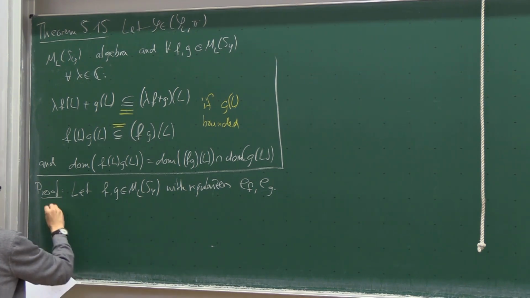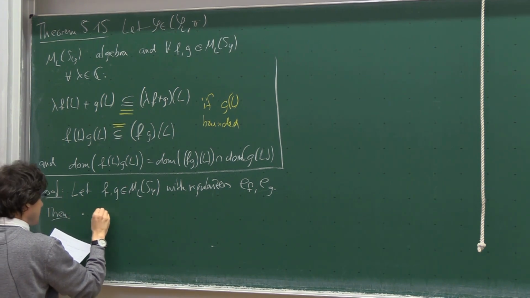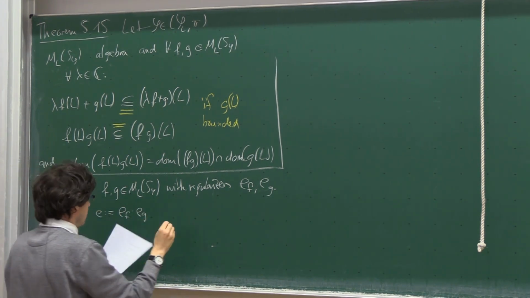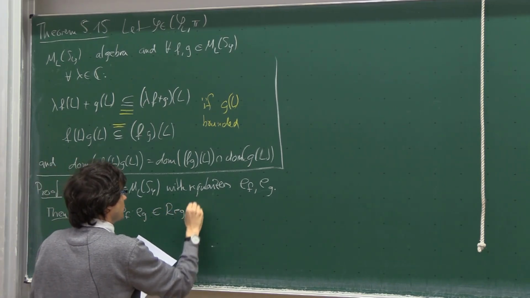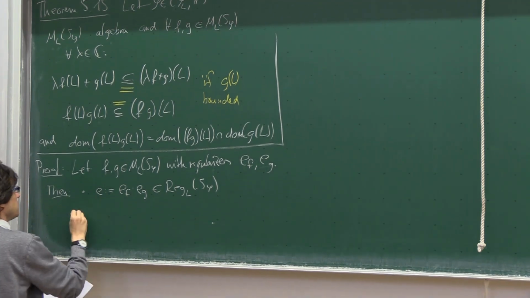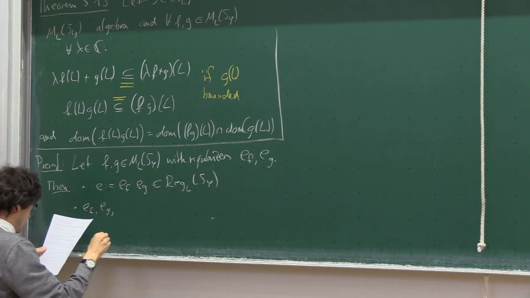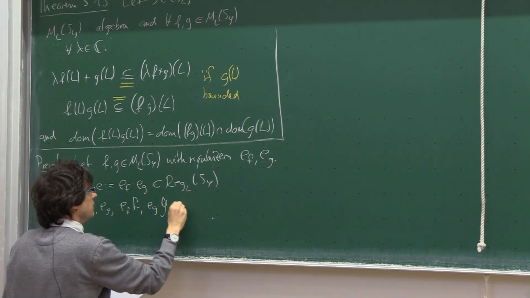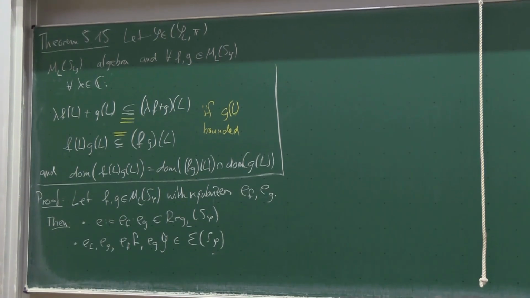Okay, then we immediately get the following. First, again, the product of two regularizers is a regularizer. So the function that we call E, the product of these two, is a regularizer. Second, the functions E_F, E_G, and also E_F F and E_G G are in the Dunford-Riesz class. That's just the definition of regularizer.